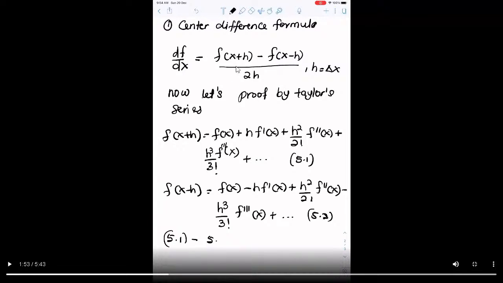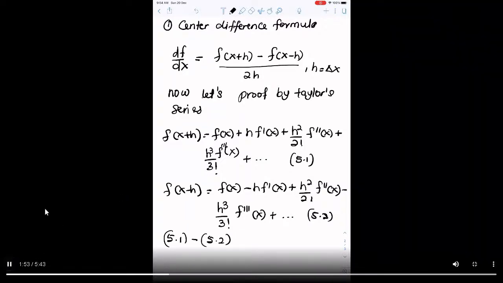So let's subtract 5.1 and 5.2. When we subtract, f(x) minus f(x) is 0, and the h power 2 factorial terms cancel, so there only exists the odd numbers.